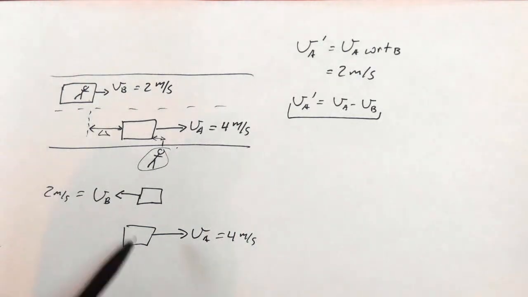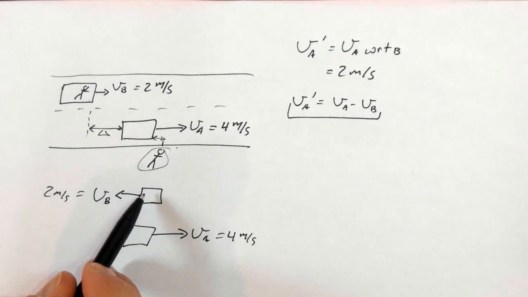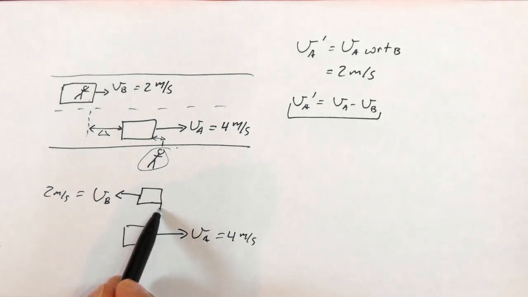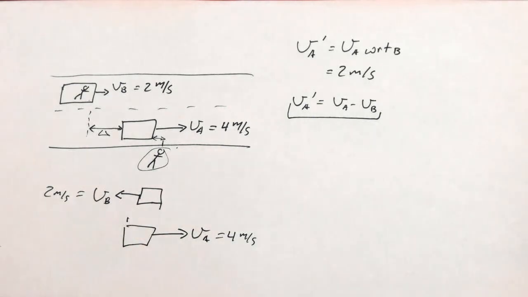Then how fast does this car appear to be going relative to this car? The answer is going to be 6 meters per second, because the distance between here and here is changing by 6 meters every second, because this car goes 2 meters this way, this car goes 4 meters this way, so a total of 6 meters every second.